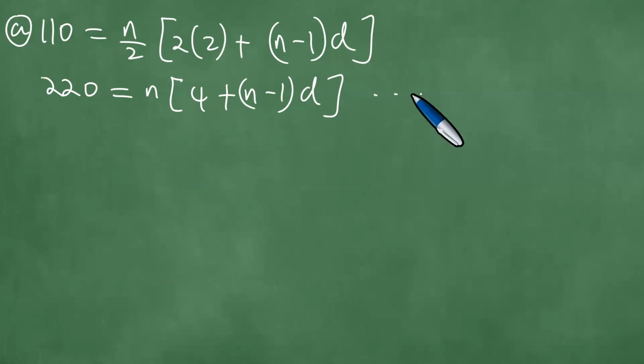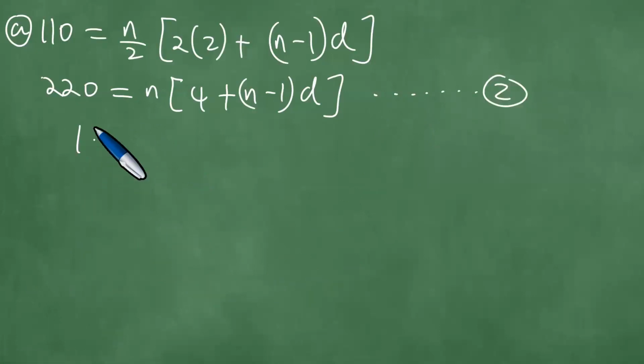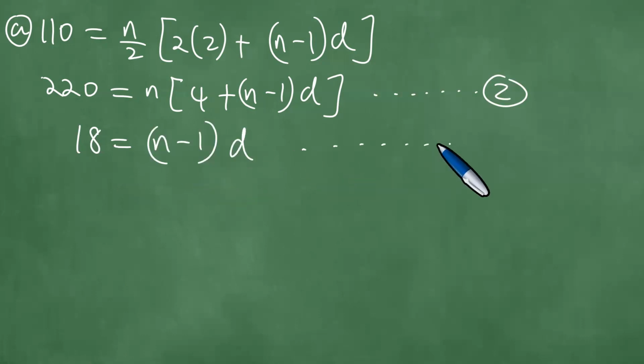Call this equation 2, and equation 1 is 18 equals n minus 1 into d. So we need to solve this simultaneously for n and d.